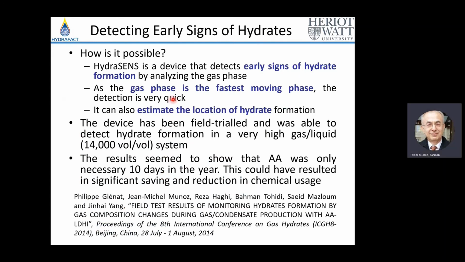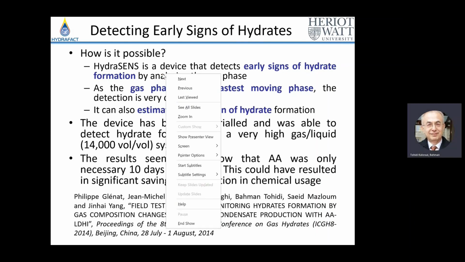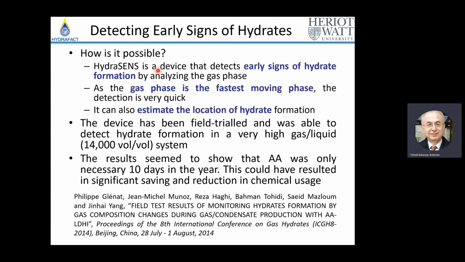The other important device that we have is HydraSENS. HydraSENS detects early signs of hydrate formation. As we discussed earlier, the big and spherical molecules have a higher tendency for hydrate formation.